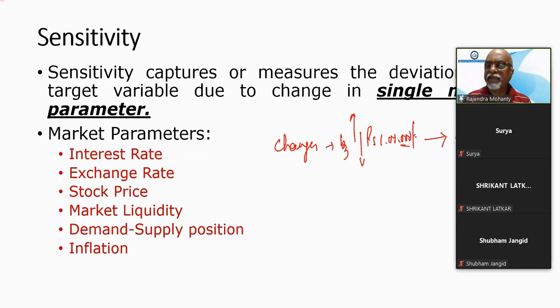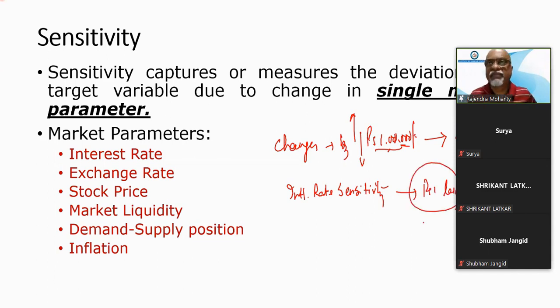So anytime a 1% change of rate of interest happens, the change is 1 lakh rupees. Either the rate of interest is going up or down, accordingly, for 1% change, 1 lakh is the change in the market value. So we can say the interest rate sensitivity of this portfolio is 1 lakh. That is the sensitivity based measure.